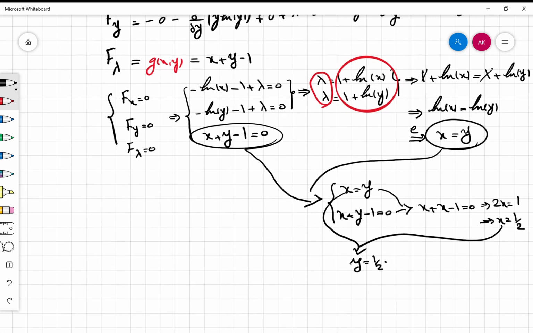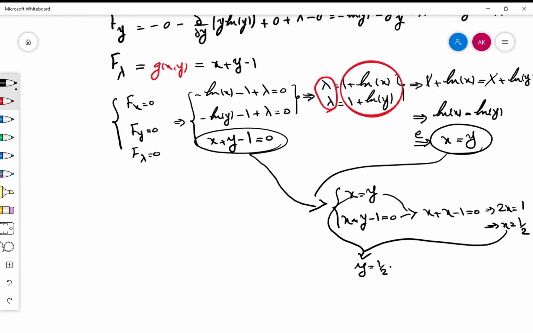Then we are basically done, because in step 3, we are sure that this function has a max. The only thing we need to do now is plug in x and y there. So with 1 over 2 and 1 over 2, it is minus half of ln half minus half of ln half.